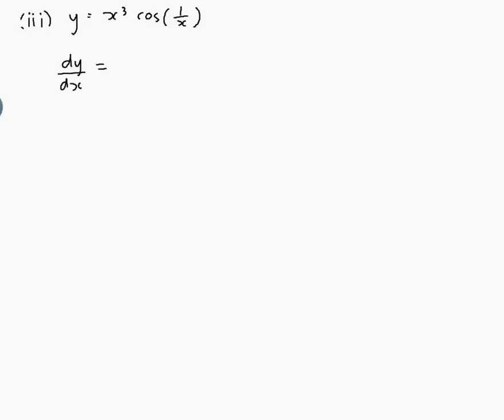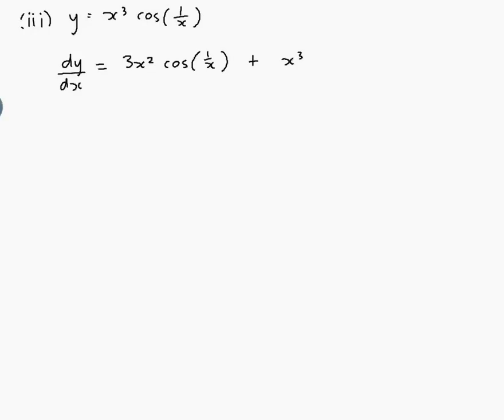Well, we've got two things multiplied together here, so we have to use the product rule. So we'll do the derivative of the first one, 3x squared, but we won't change the second one, cos 1 on x, plus the first one without changing it, and then we'll do the derivative of the second one, the derivative of cos 1 on x.